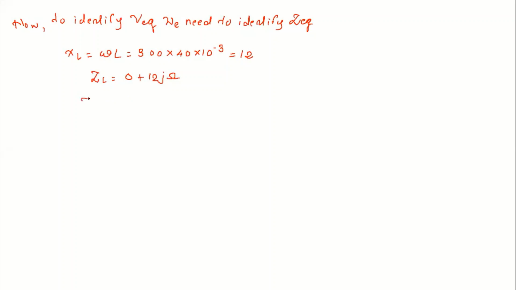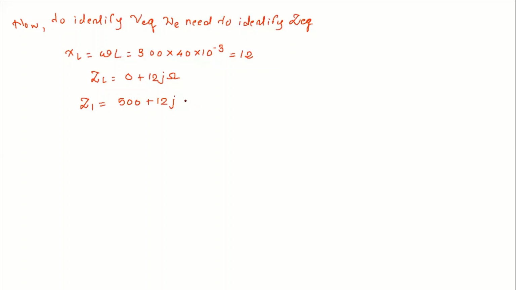But if we combine both, I'll call that impedance Z1, which can be written as 500 plus 12J. Why 500 plus 12J? Because the 40 millihenry inductor and the 500 ohm resistor are both in series, so we can add them together.